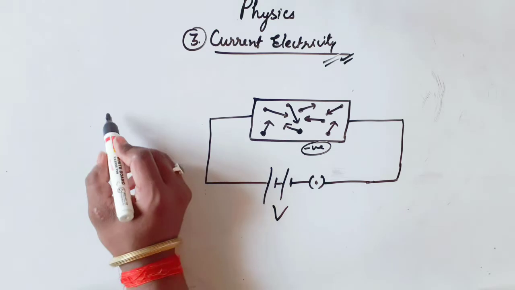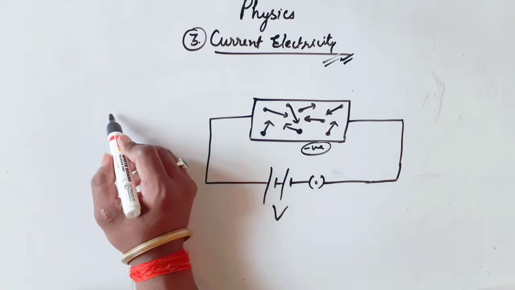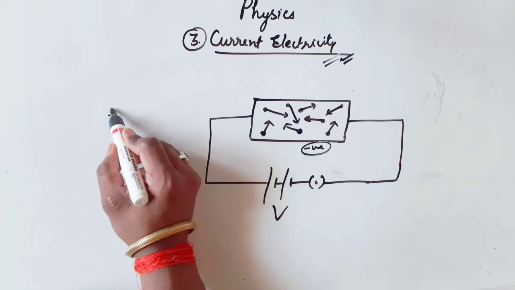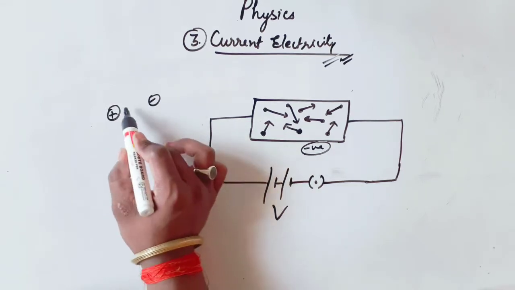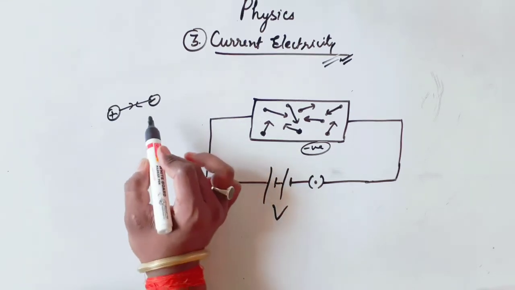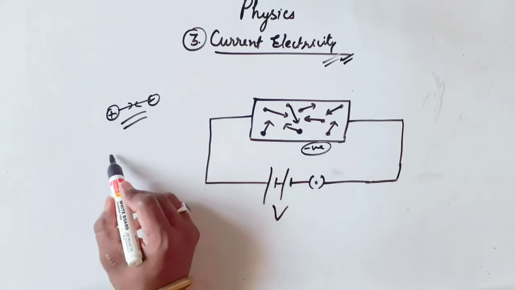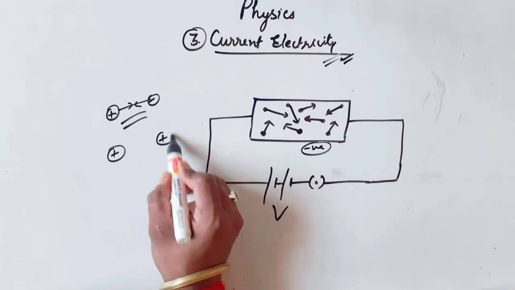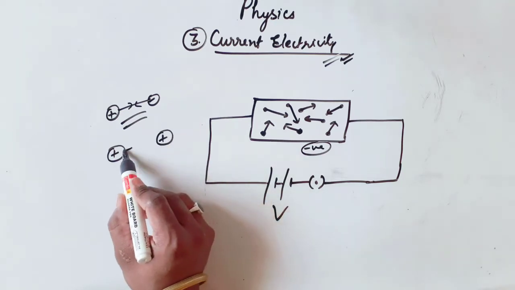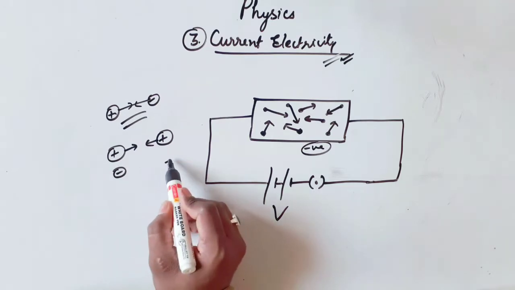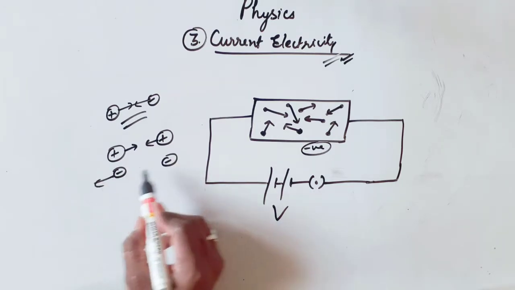As we know, according to electrostatic force or Coulomb's law, two different types of charges will always attract each other, and two same types of charges will always repel each other. Let us suppose two positive charges, then they will repel, and if two negative charges are there, then also they will repel.